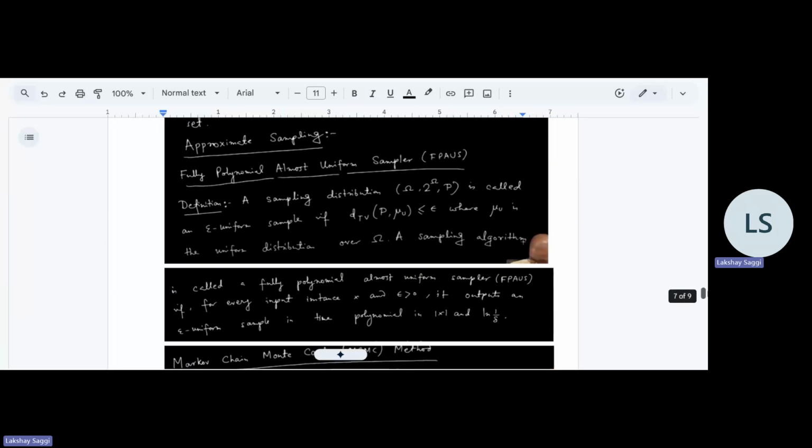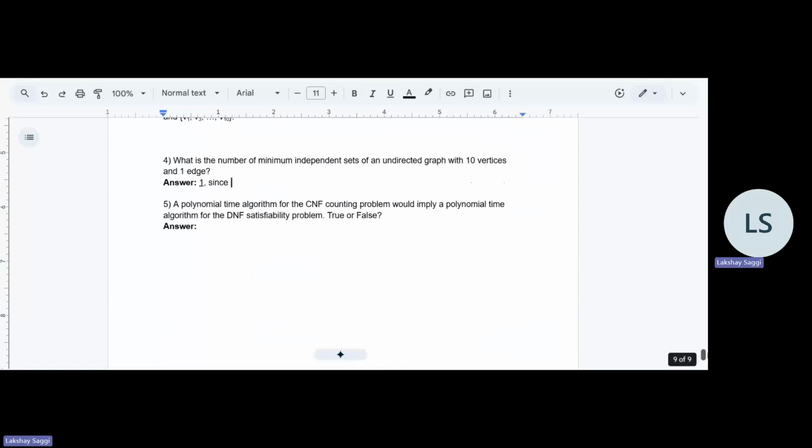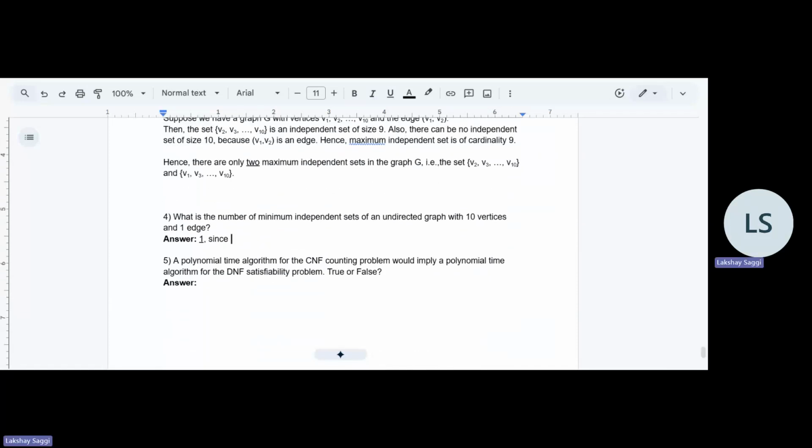For example, here in this graph, we saw that this empty set is also an independent set, because a set of no vertices is also an independent set. Since the empty set is the only independent set of cardinality 0, the answer is 1.